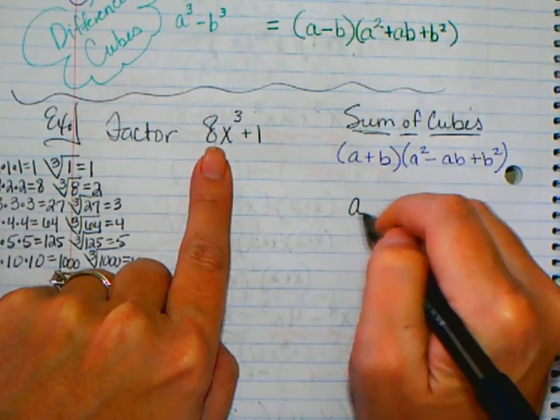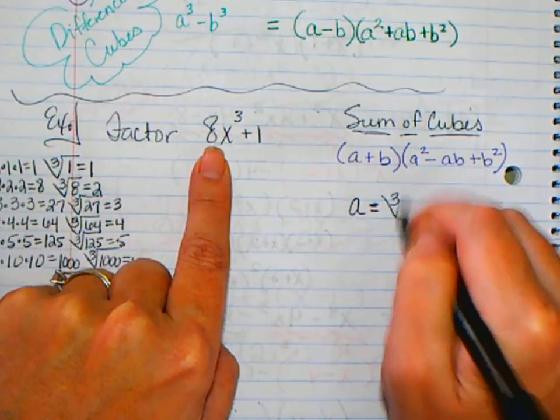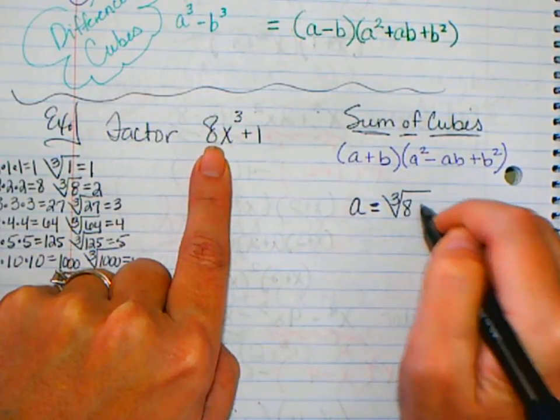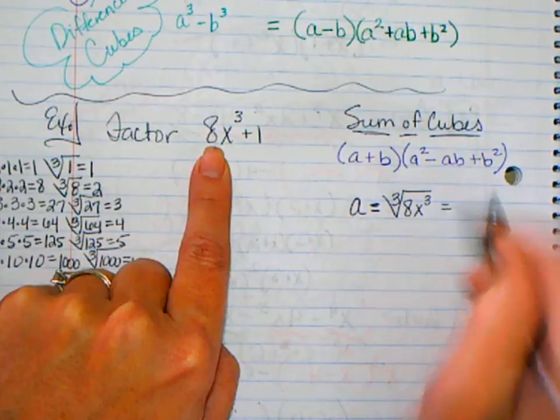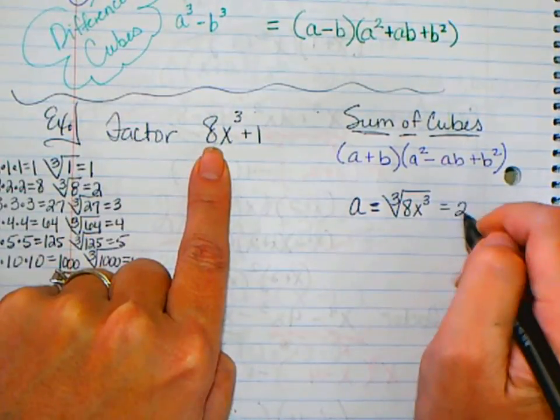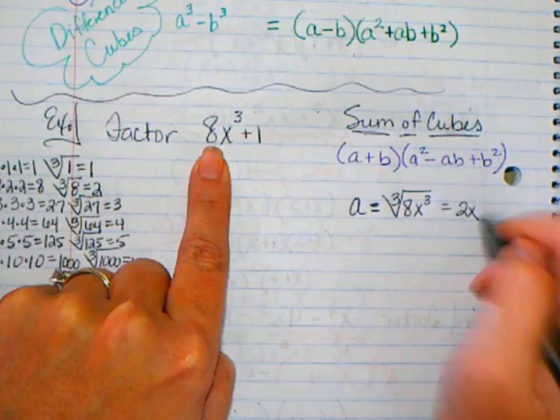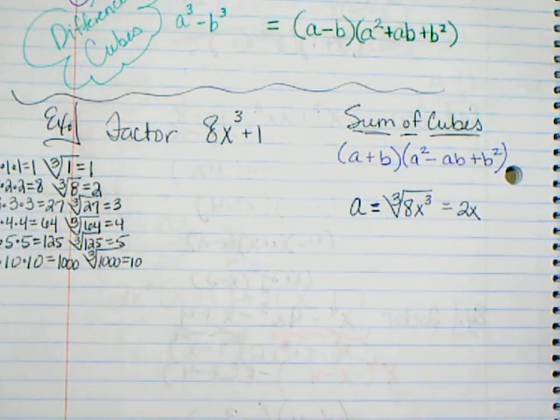So to find A, I need to take the cubed root of 8x cubed. Just think about it separately. What's the cubed root of 8? You already told me. It's 2. What's the cubed root of x cubed? X. So would you agree that 2x times 2x times 2x is 8x cubed?